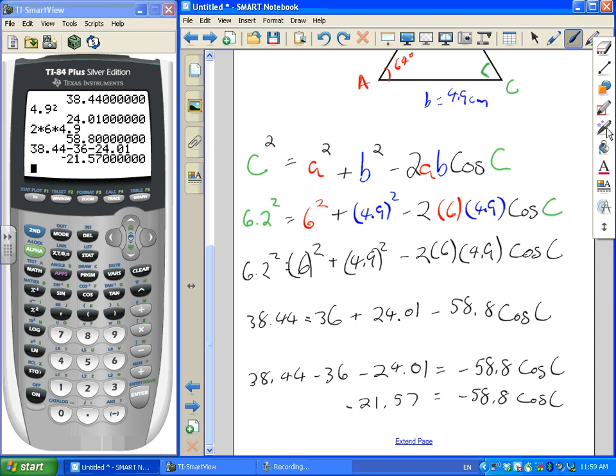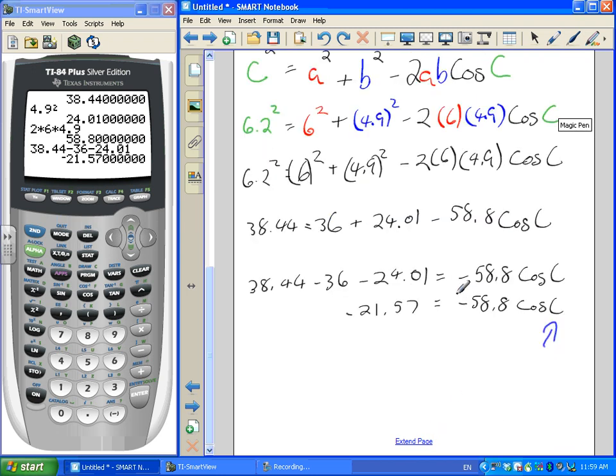Again, still trying to isolate for C. So this technically says negative 58.8 times cos of C. To get cos C by itself, what do I need to do? How do I bring it to the other side? By dividing. Remember, this is multiplication, technically.